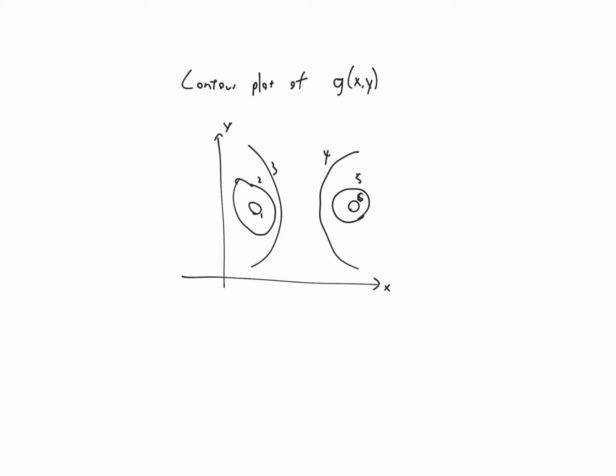There are lots of things that we've asked you to do with contour plots, and I'll encourage you to think back throughout the semester about what those were, and also to get some practice and reacquaint yourself with them if you haven't thought about it in a little while.